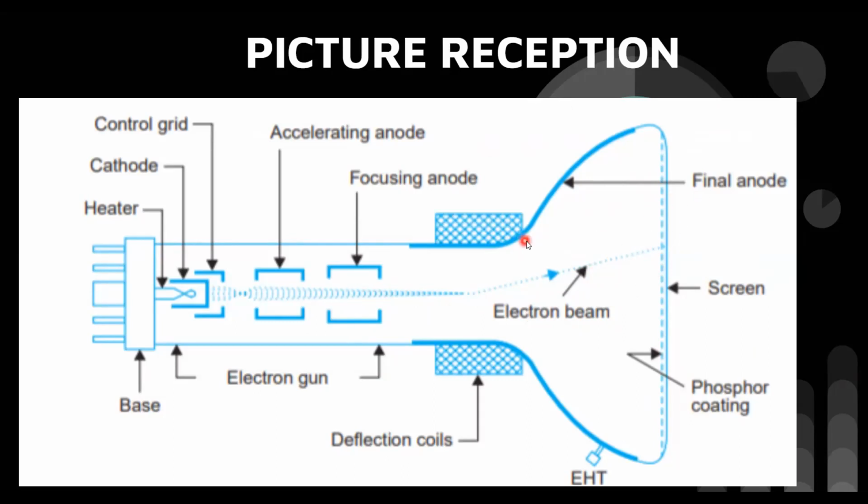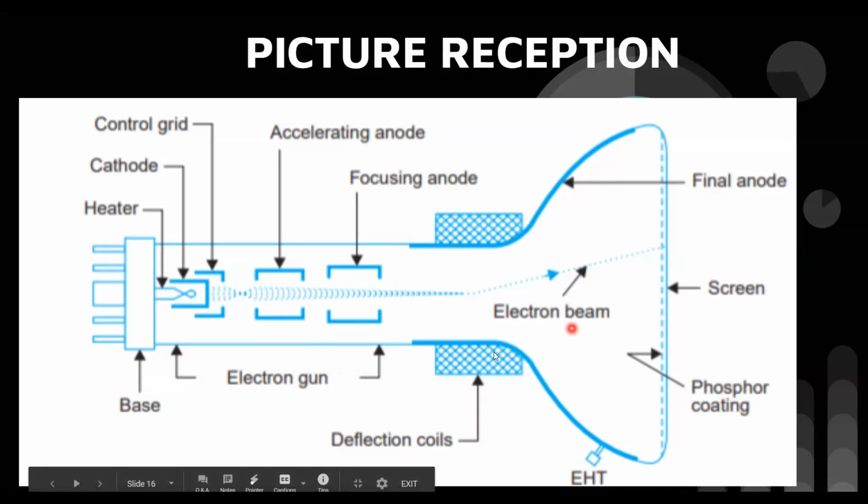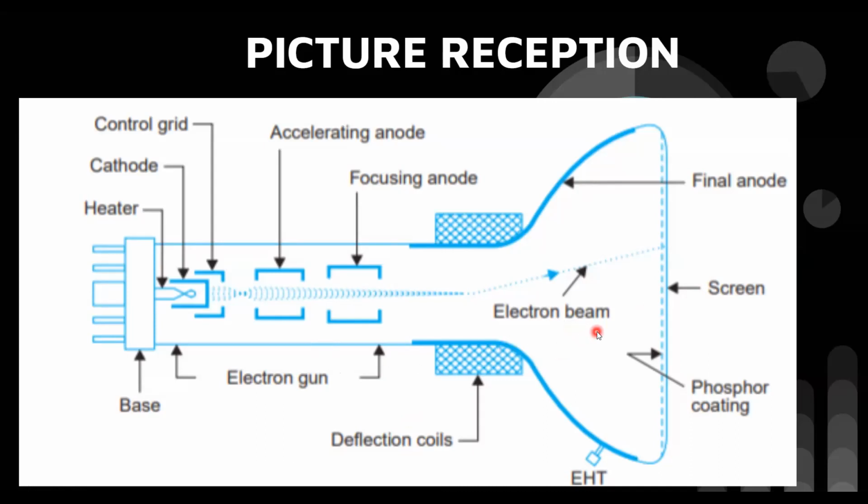Therefore the spot beams should be attached on the electron beam screen so that the spotlight on the screen becomes brighter and brighter. A more negative grid voltage reduces the brightness.